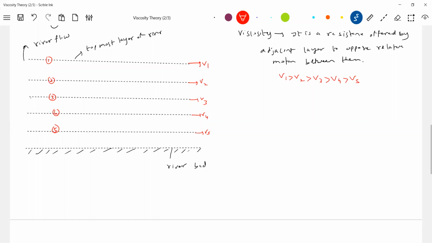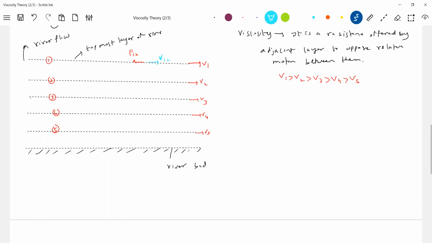Tell me, what is the velocity of 1 with respect to 2? V12 will be in this direction. The viscous drag on this layer will be opposite to this, so I'll put F12. Similarly, V21 will be in this direction.